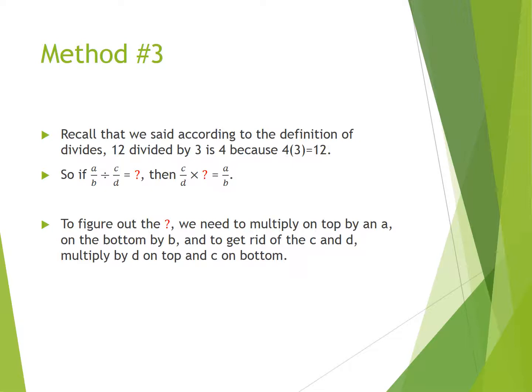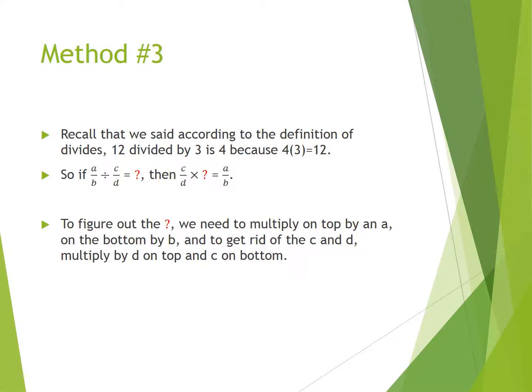So if I say that a/b divided by c/d is something, then c/d times that something had better give me a/b back. To figure out what that something is, we need to multiply on top by a because I want to get an a in my final answer.